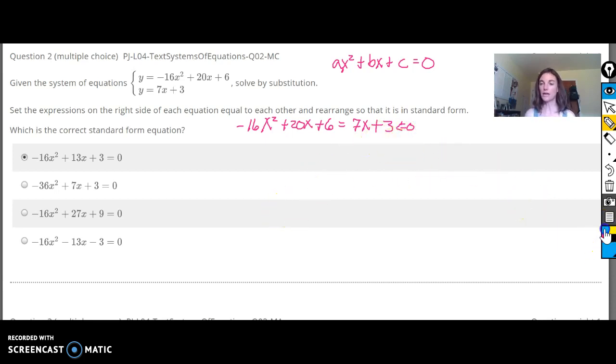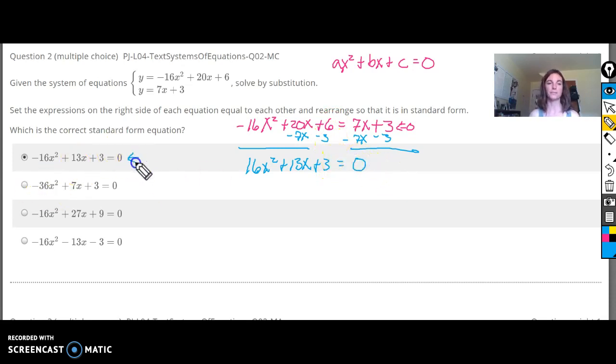In order to do that, I'm going to subtract 3 from both sides, and I'm going to subtract 7x from both sides. When I do that, I get 16x squared plus 13x plus 3, since 20x minus 7x is 13x, and 6 minus 3 is 3, equals 0. This is what we're going to use to find the 2 sets of ordered pairs where the graphs meet.